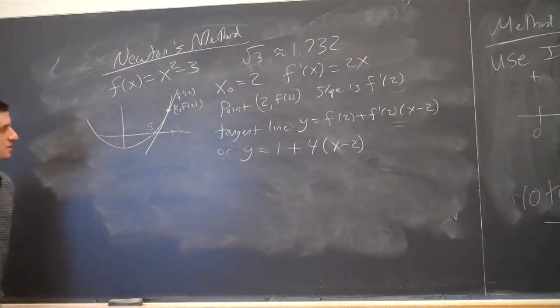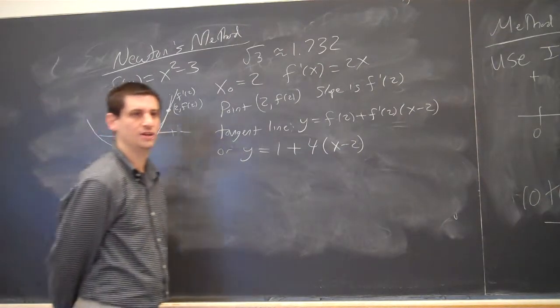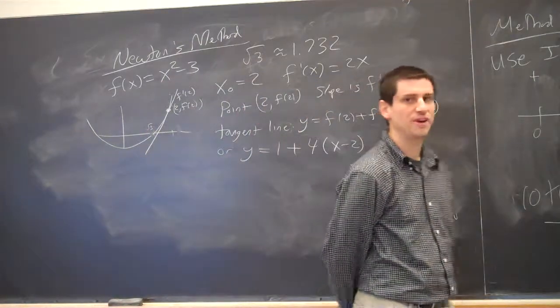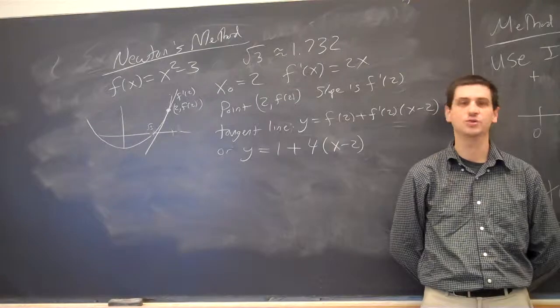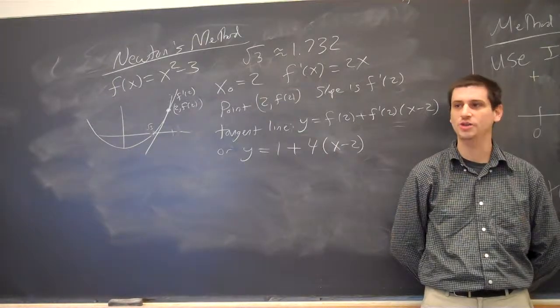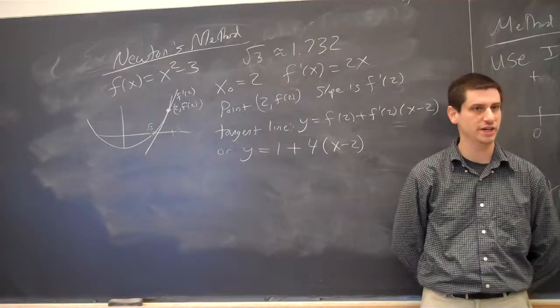Does the tangent line equal the function everywhere? No, it equals the function at one point. Alright, let's forget about the fact that it doesn't equal the function everywhere. Let's just replace the function with the tangent line, and follow the tangent line down and see where it hits.